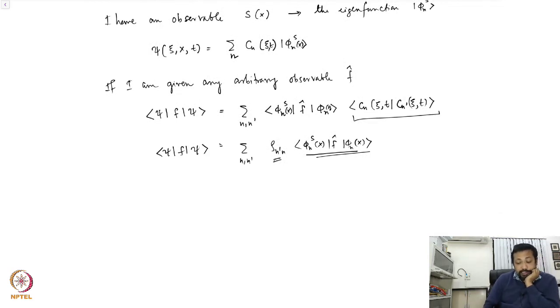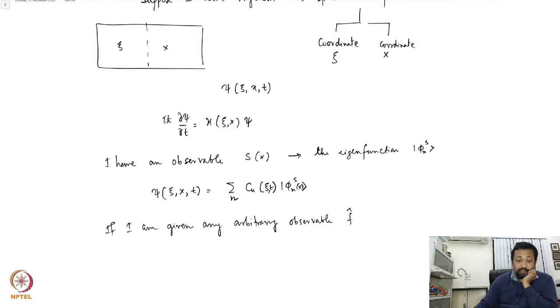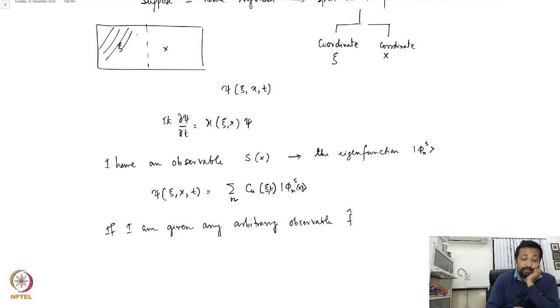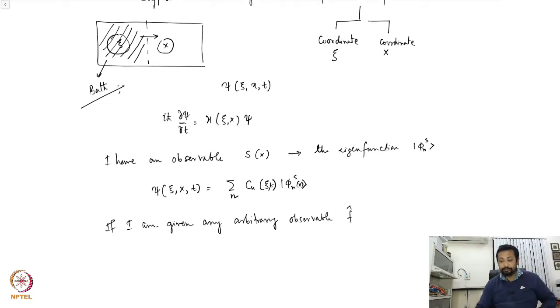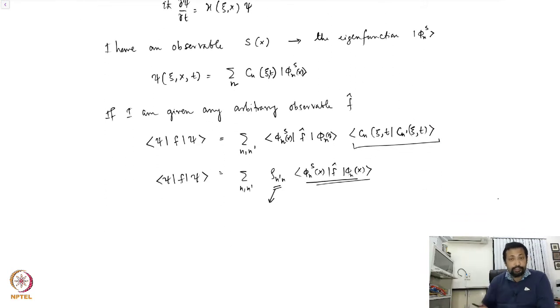Therefore you see that the effect of this density matrix is nothing but the effect of the system with coordinate ψ on the system on which this observable is defined, right? And this system is what is called the bath, right? So this is an alternative interpretation of the density matrix.